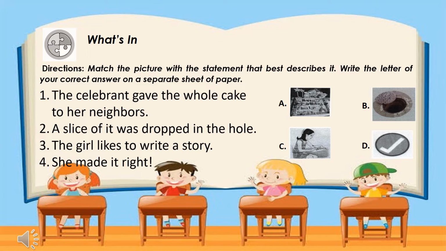And number 4. The answer is letter D. Right or check. Now, what have you observed with the answers? Very good. The answers are having the same sound. Two different words but having the same sound.